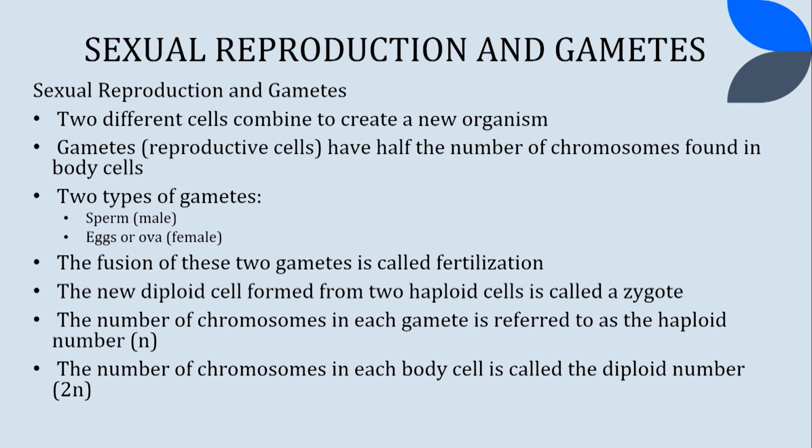That root word, OV, just means egg. So anytime you see O or OO, it's probably talking about an egg. These 2 gametes, the sperm and the egg, are going to come together. When they come together, that fusion is called fertilization.